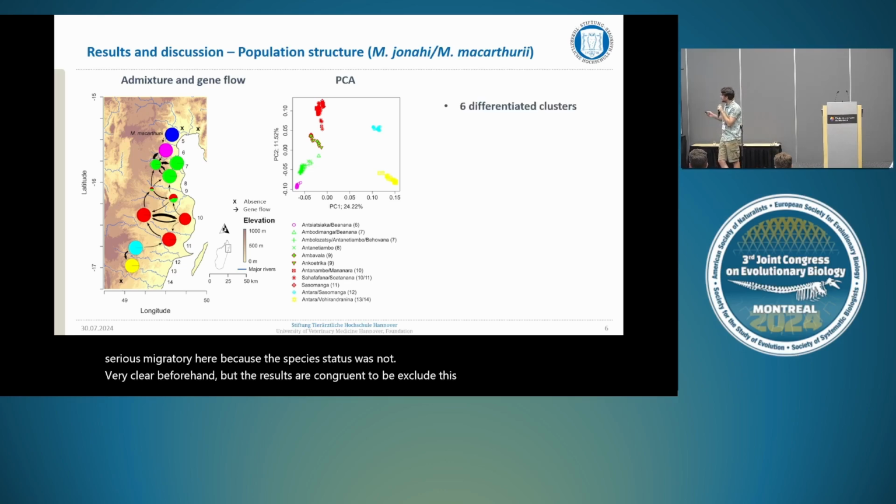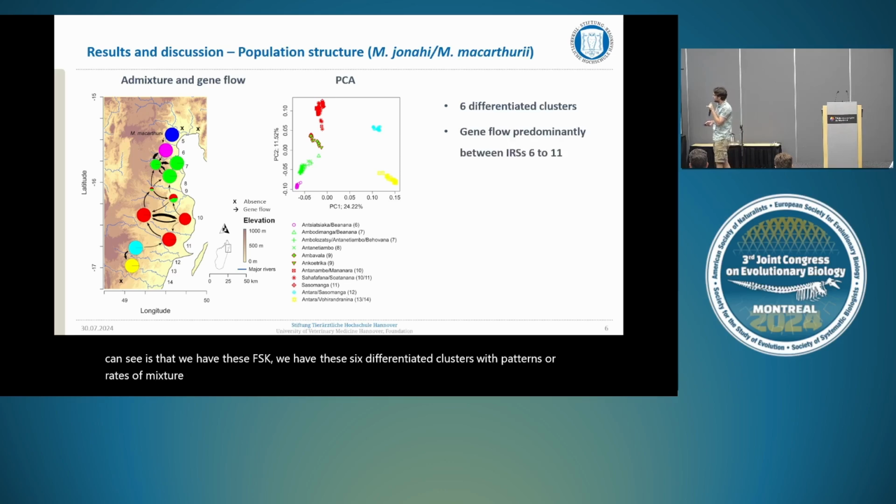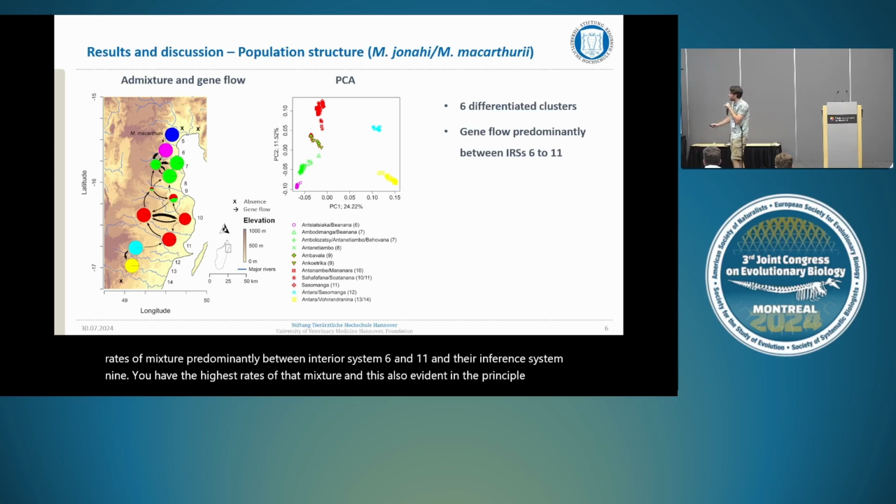So what we can see is that at best K, we have these 6 differentiated clusters with patterns or rates of gene flow and admixture predominantly between inter-river system 6 and 11. And there in inter-river system 9, you have the highest rates of admixture. And this is also evident in the principal component analyses, where we have this gradient-like structure of genetic distances of these populations.